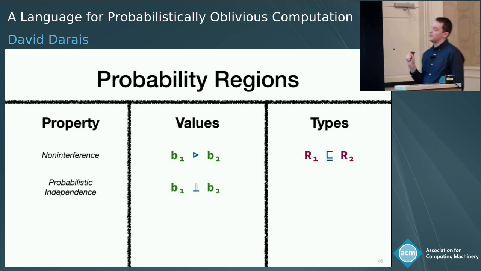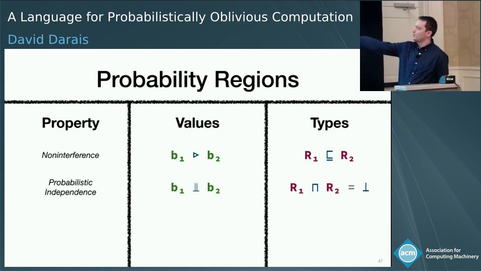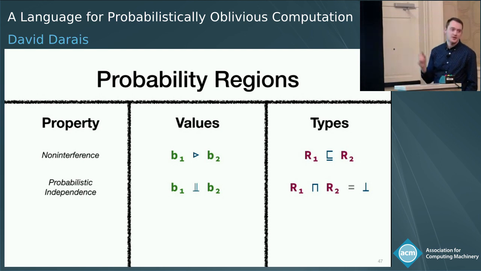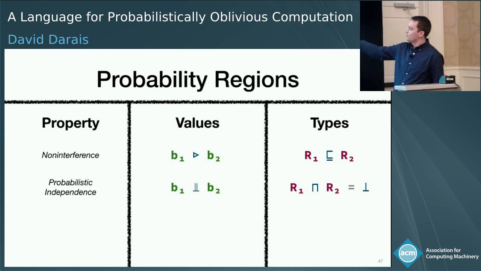Now, probabilistic independence is symmetric, but it's not necessarily transitive, and it's not necessarily reflexive. So if you were to approximate just this property with a lattice, you would be saying two probability regions are independent if their meet is bottom. This is like the lattice version of two sets being disjoint. This check is symmetric and not necessarily reflexive or transitive. So you might be tempted to use this as an approximation for independence in your next language.